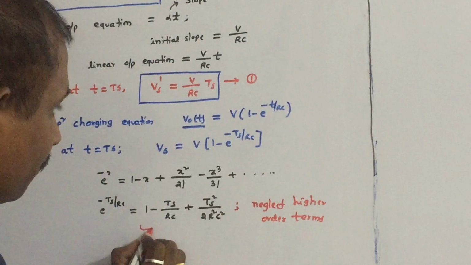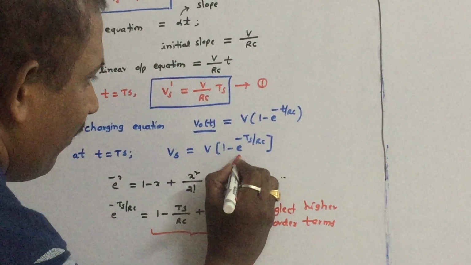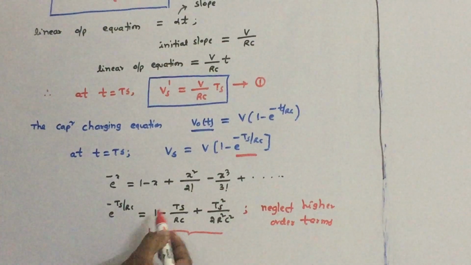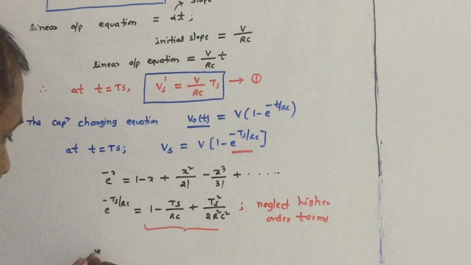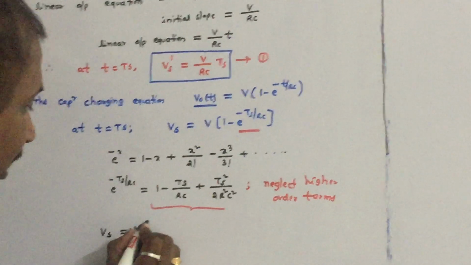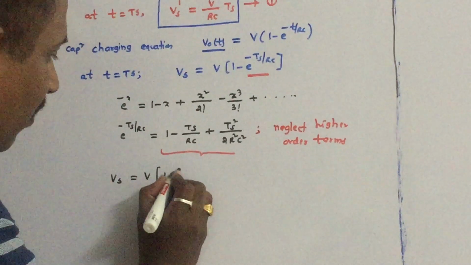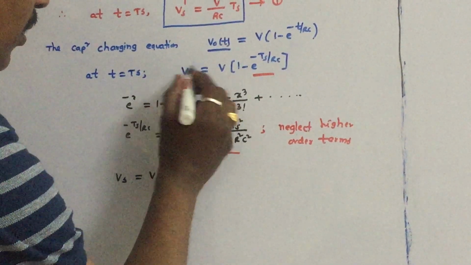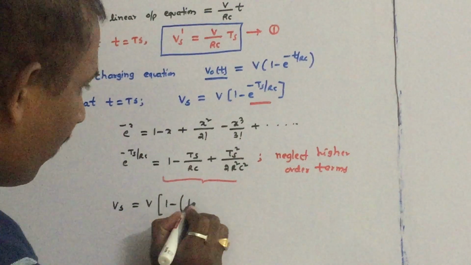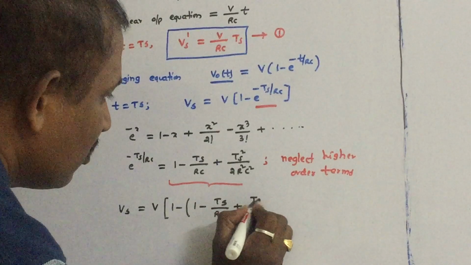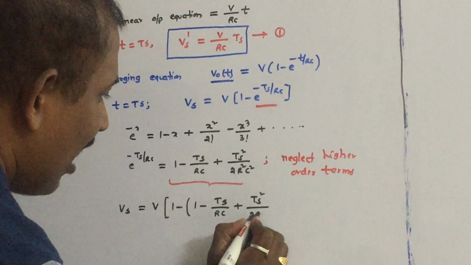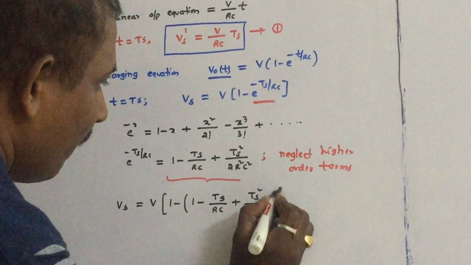So therefore in this place, just substitute this expression. Vs is equal to V into 1 minus, what is e power minus Ts by RC, 1 minus Ts by RC plus Ts square by 2 R square C square.